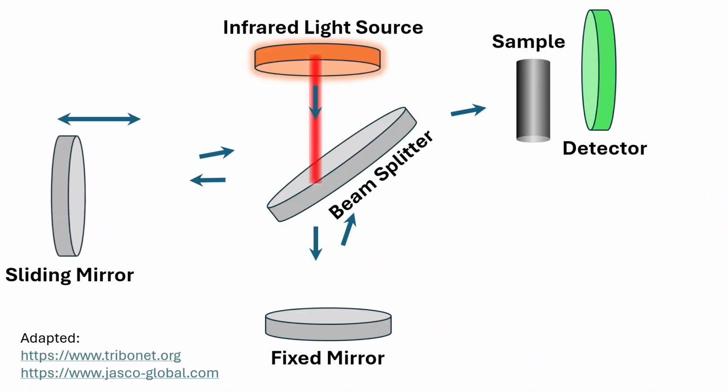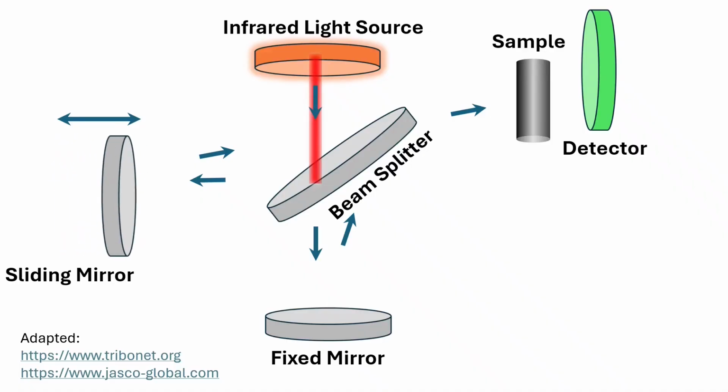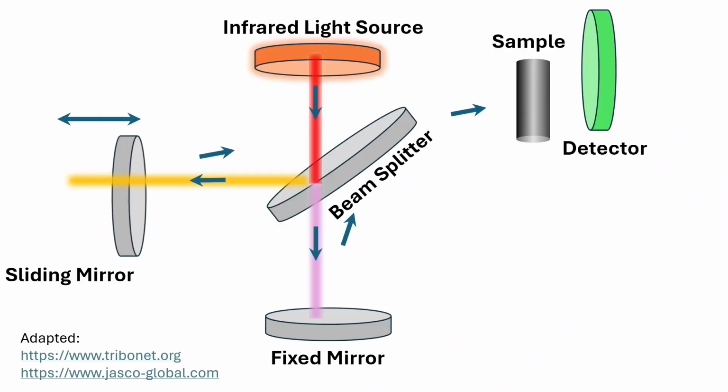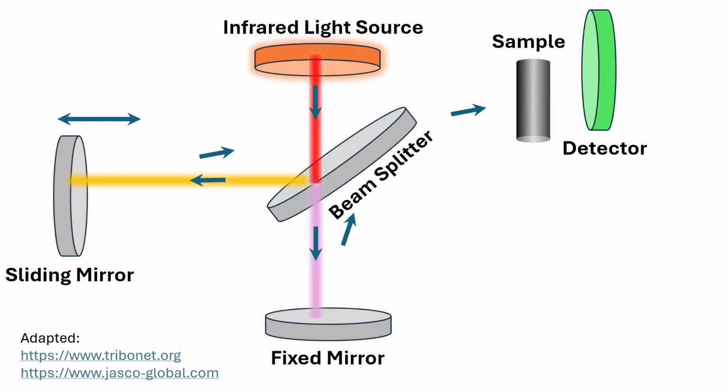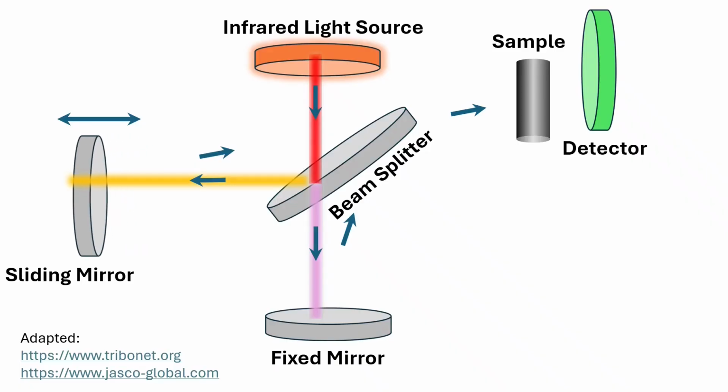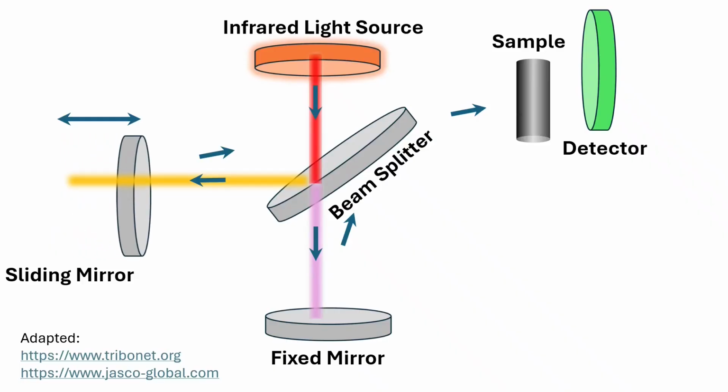First, IR light emits from the infrared light source and is split into two. One beam passes to a fixed mirror and another passes to a sliding mirror. A beam splitter can split the beam into two: 50% goes to a fixed mirror and 50% goes to a moving mirror.